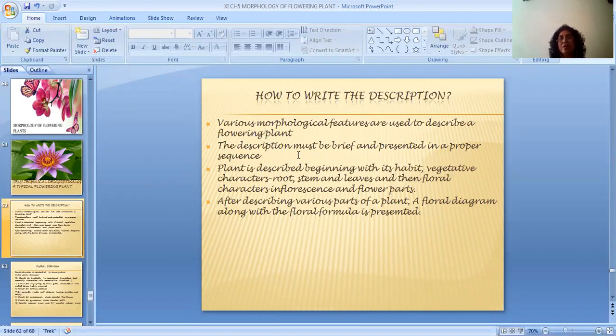To start with the description, you should always start with the habit, then vegetative characters, and in vegetative characters, first describe the root, then stem, then leaves, and then the floral characters like inflorescence and the floral parts. And in the last, after describing the various parts of the plant, we draw a floral diagram and then we represent it with a floral formula also.